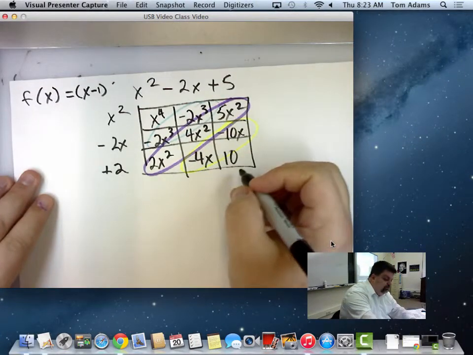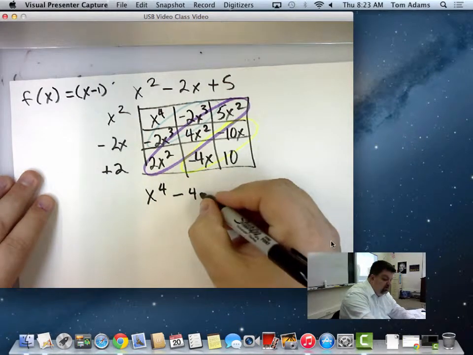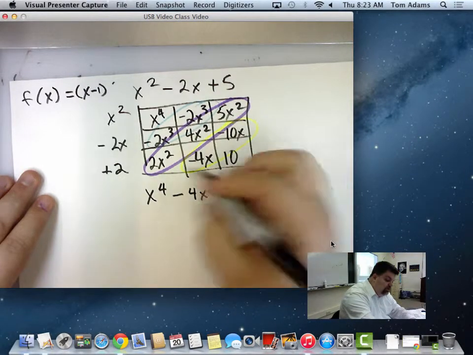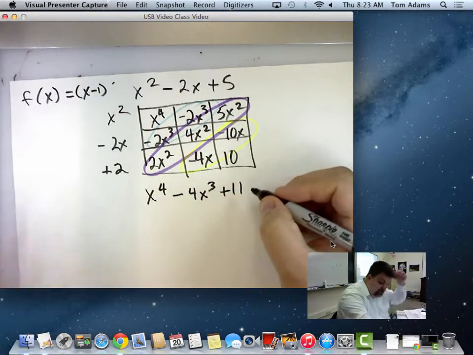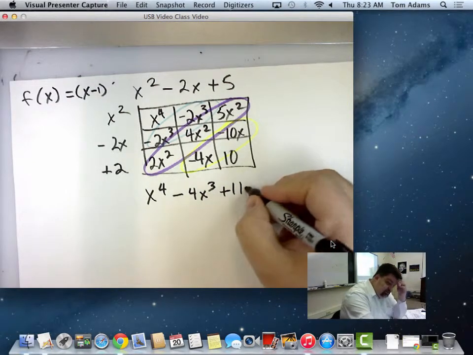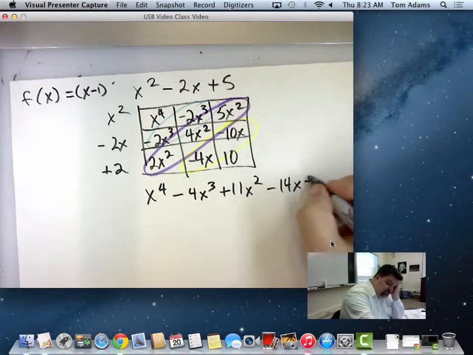So I'm going to combine all my like terms, see what I get. And so this becomes x to the 4th minus 4x cubed. 2 plus 4 is 6 plus 5 is 11. So we have positive 11x squared. And then we have minus 14x plus 10.